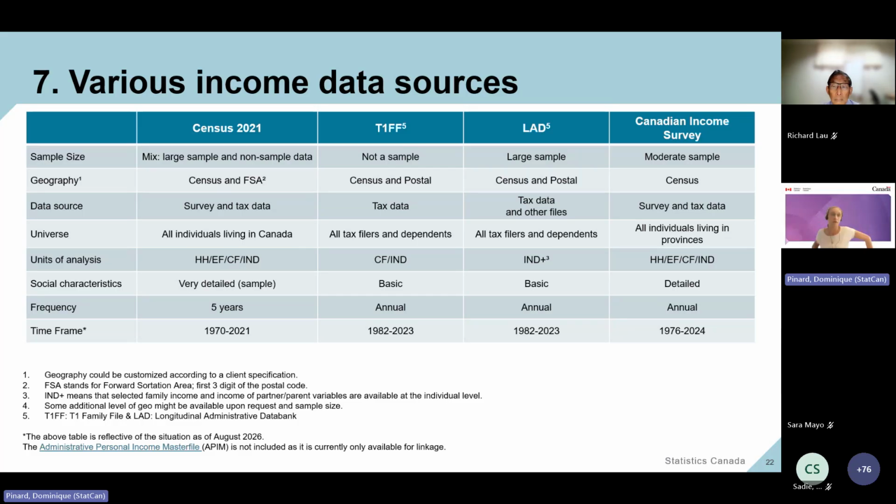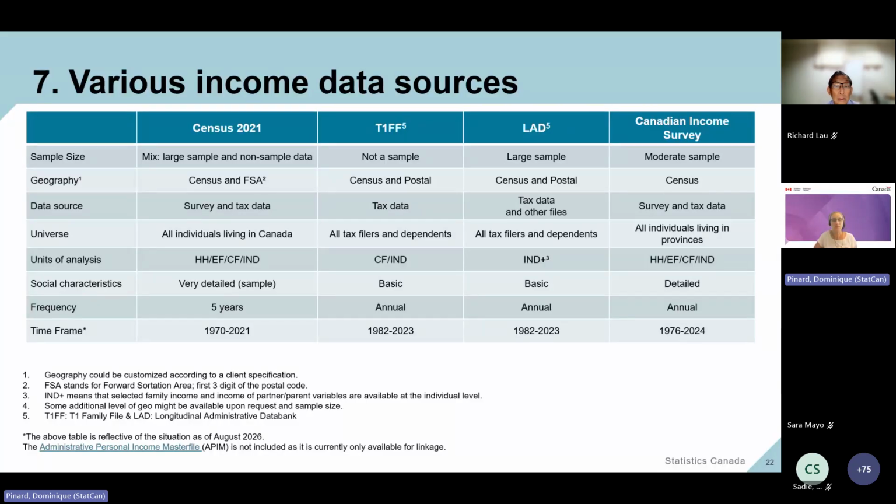Now, if you want income by age group, well, the TIFF would be a pretty good source, especially if you want to break it down in 5-year spans. Age is available on TIFF, and you can go into very low levels of geography. If you were to look for MBM data, the census or the CIS would be the best sources of information.